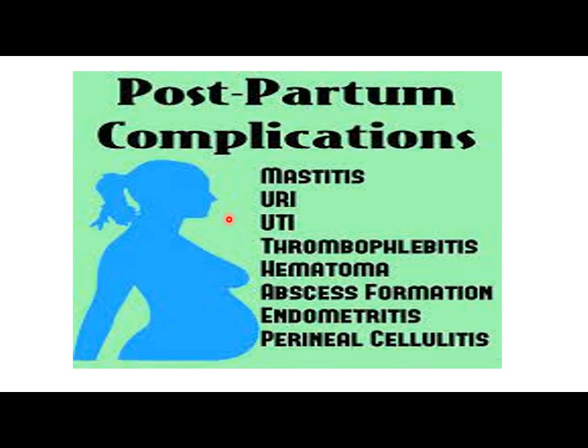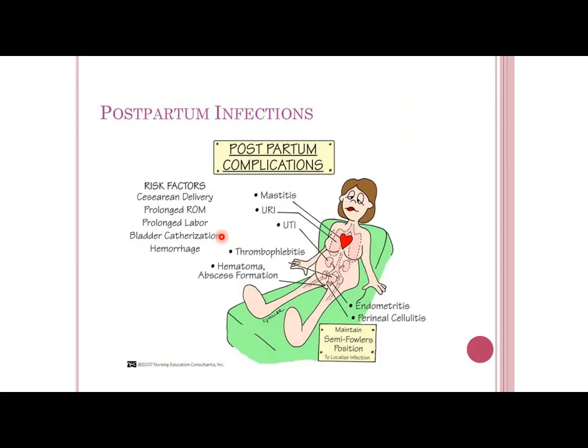In postpartum complications, we have obstetrical and non-obstetrical complications. Because pregnancy involves complex hormonal changes, the woman is more likely to have many complications. One of the most important is postpartum infection.